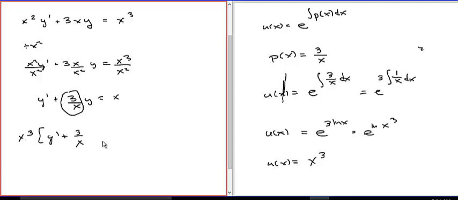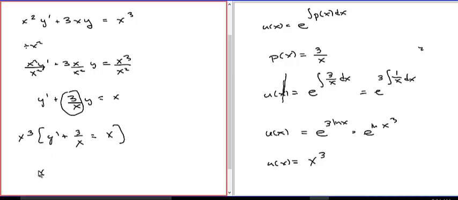Okay, so we're going to multiply every term in the original differential equation in standard form by x cubed. So that'll give us, well, yeah, that's right.